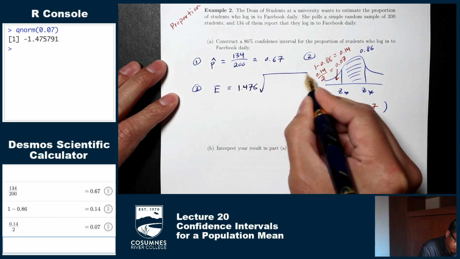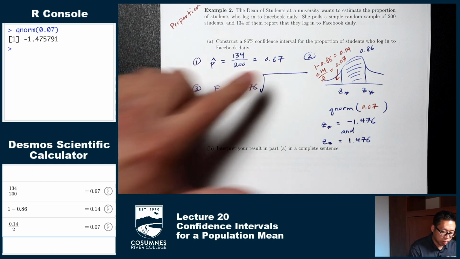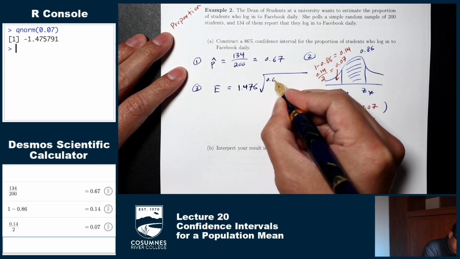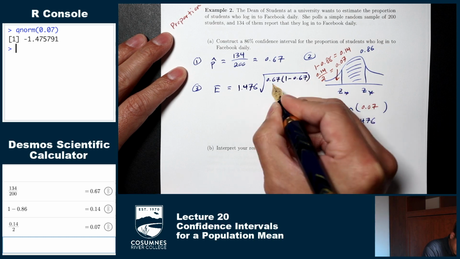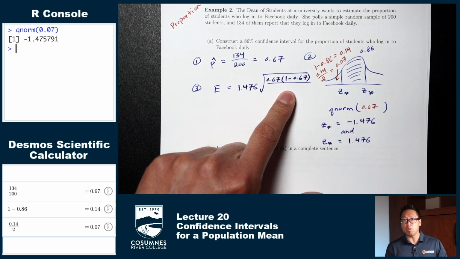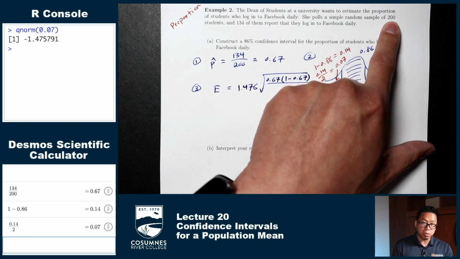Inside the square root, it's p hat times 1 minus p hat. p hat is from step 1, 0.67, times 1 minus 0.67, over n. n is our sample size, so how many people did we ask total? Total, 200 students.